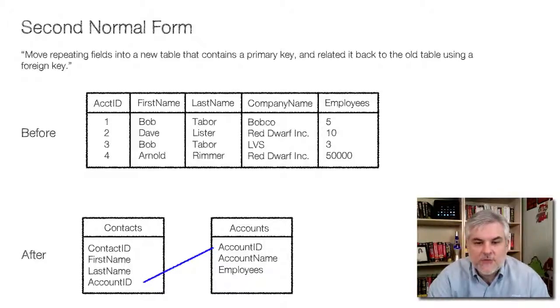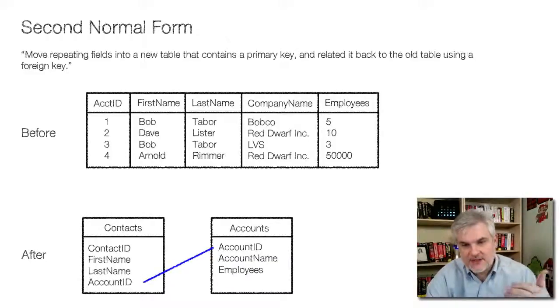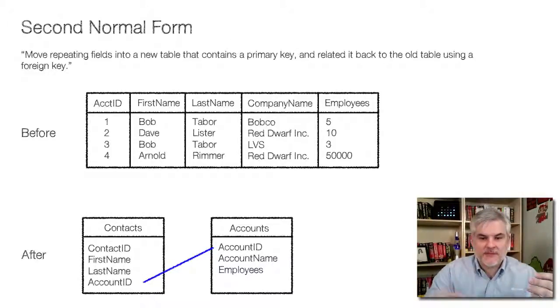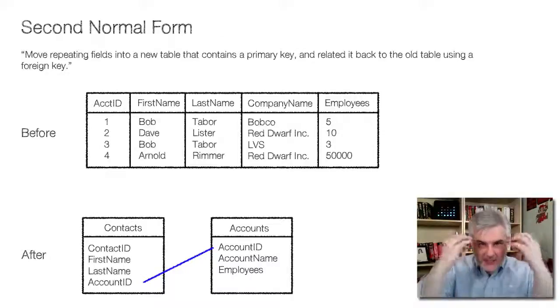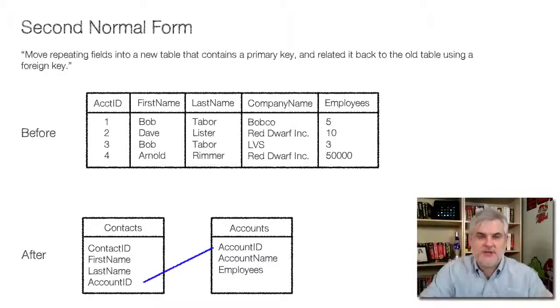In both of those cases, we have repeating fields. We're supposed to move those repeating fields to a table that contains a primary key. So we're going to take the repeating fields, first name, and the repeating fields for company name, and think of those as 2 separate entities and put them in 2 different tables and set a primary key, foreign key relationship between the 2. That's exactly what we did in the after.